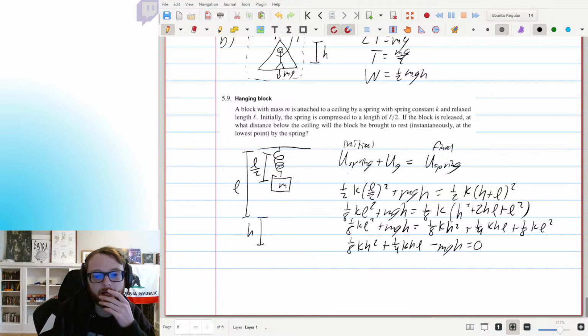This doesn't have a factoring that I think of as obvious. So let's throw the quadratic formula at it and see what happens. I do think it makes sense for there to be two answers because it should be at rest at the very top and at the very bottom.